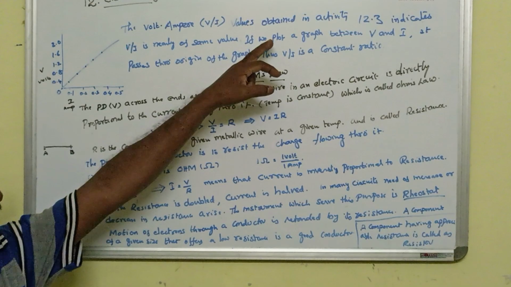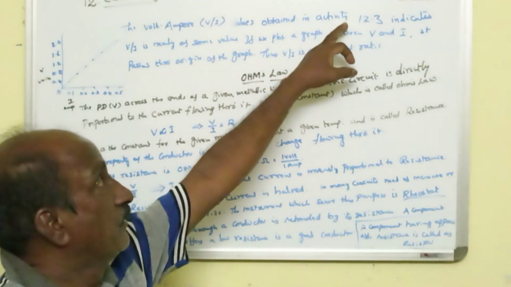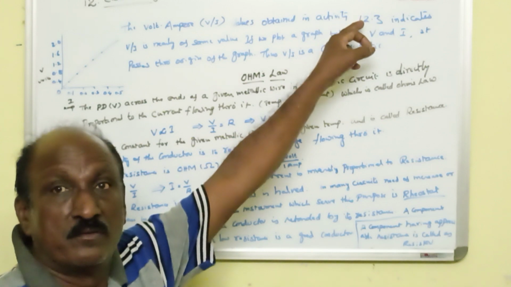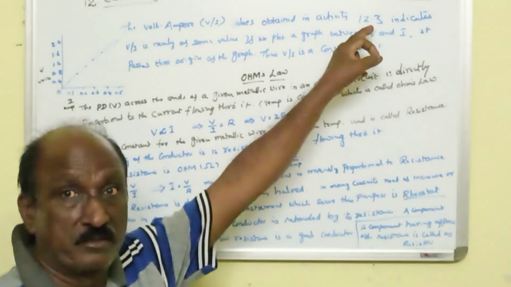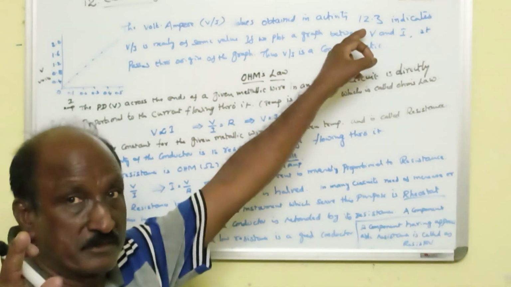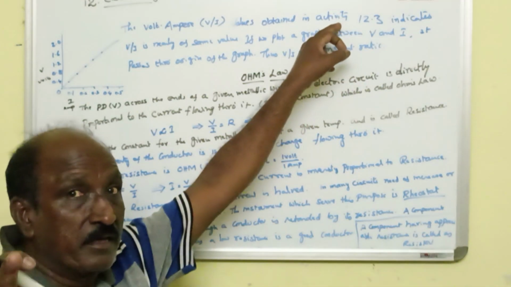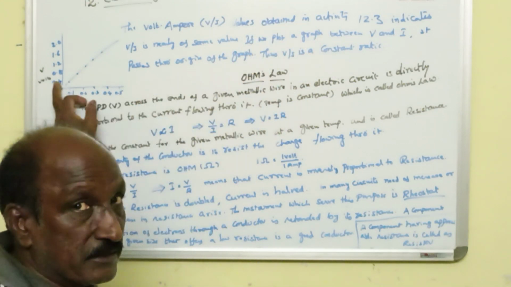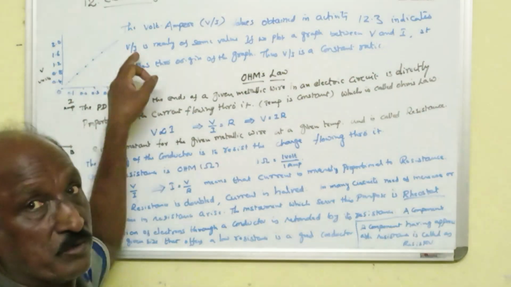That is what you have got in the 12.3 activity in your physics laboratory. After doing this activity, you can clearly understand the relation between V and I. It is a straight line passing through the origin.